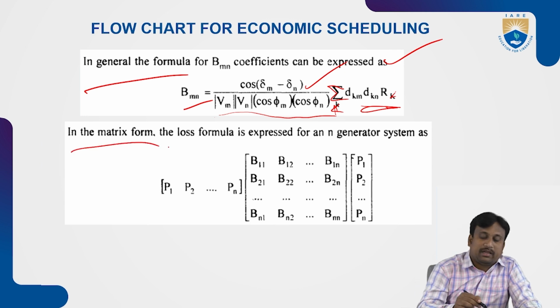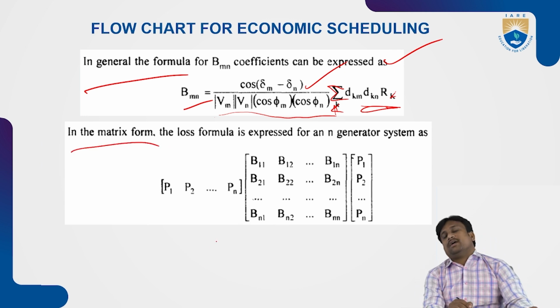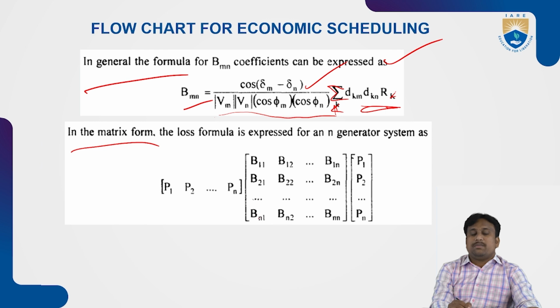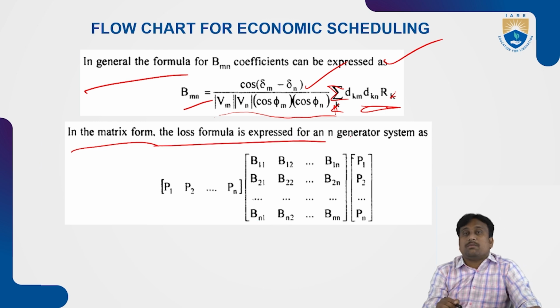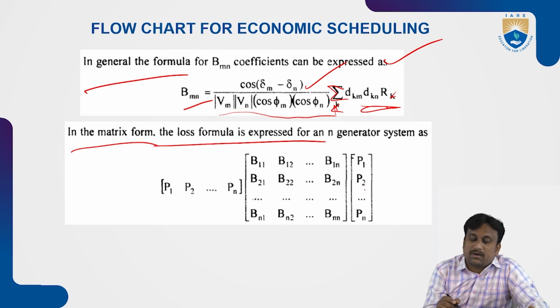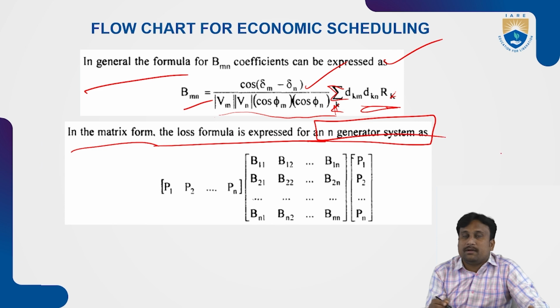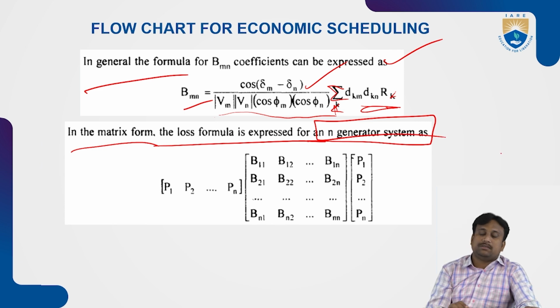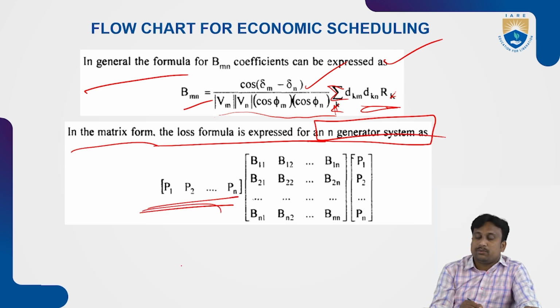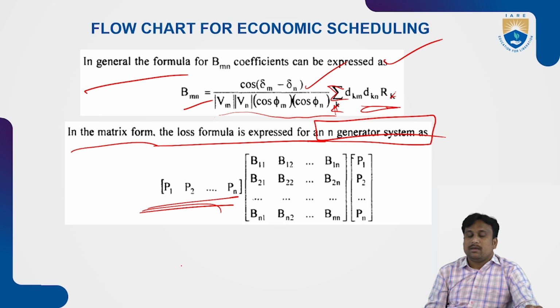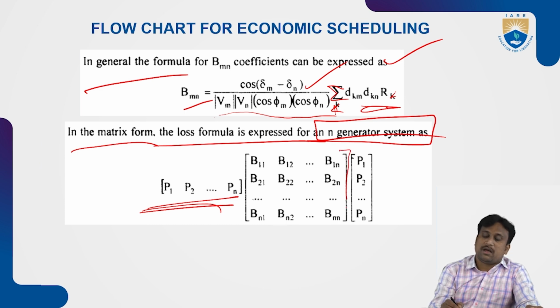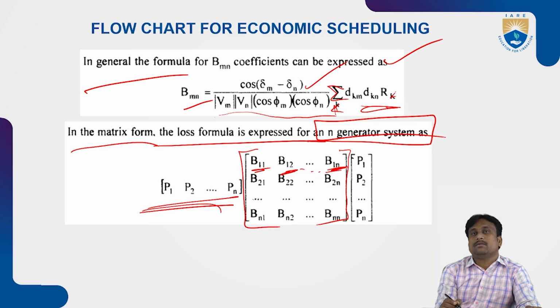So in the matrix form, whatever we have written for loss coefficients or B coefficients, the loss formula is expressed as follows for an n generator system. For an n generator system, P1, P2 up to Pn is represented in the matrix as B11, B12, and so on up to B1n.